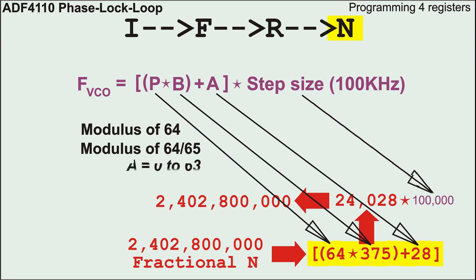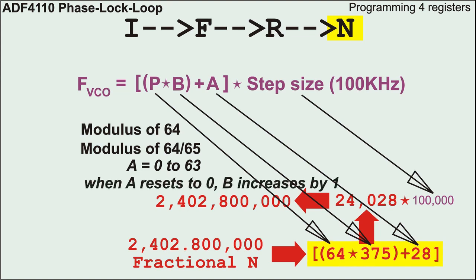In modulus of 64, the value of A can be anything from 0 to 63, no more, no less. In other words, A is the fractional portion of 64 modulo, which implies further that whenever A exceeds 63, it will be reset to 0, at which time the value of B increases by 1.